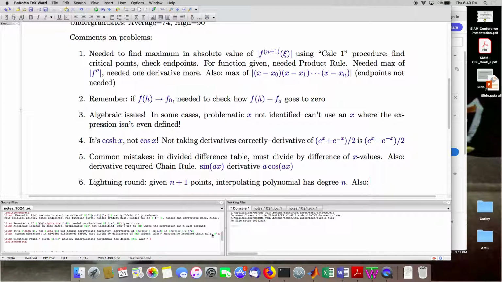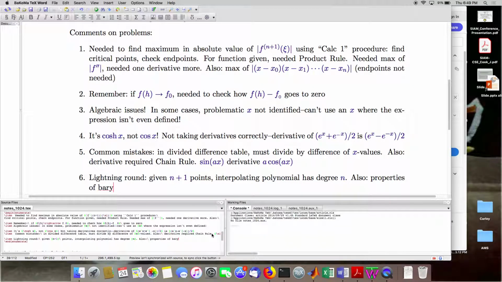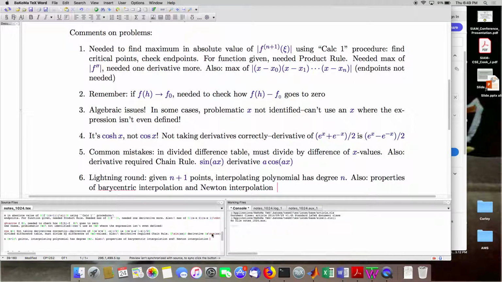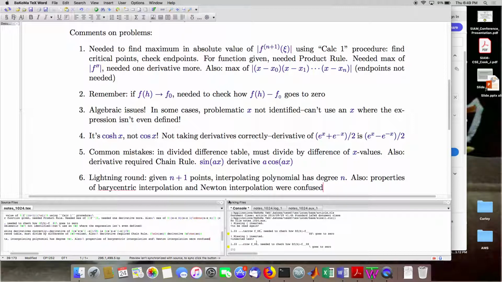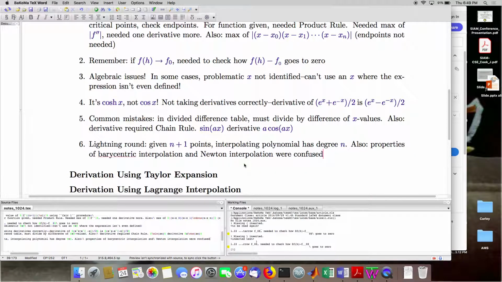Also, properties of barycentric interpolation and Newton interpolation were confused with one another. With Newton interpolation, the advantage is you can add interpolation points quite easily and preserve the work you did before.